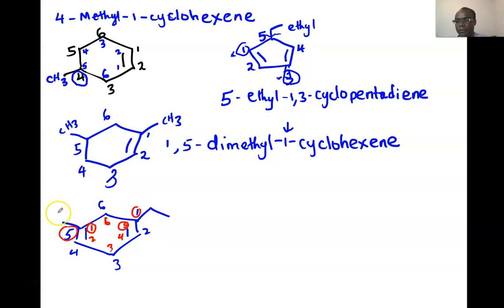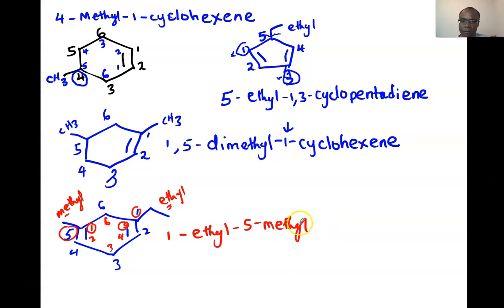So the other trick is just to use the alphabet rule to decide which sp2 carbon is 1. Obviously E comes before M in the alphabet, so the blue numbering is correct. So the name of this compound will be 1-ethyl-5-methyl. Always list your substituents in alphabetical order in the final name.